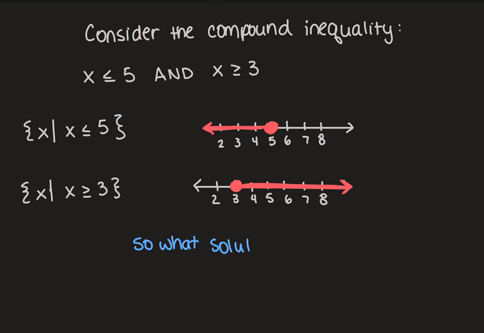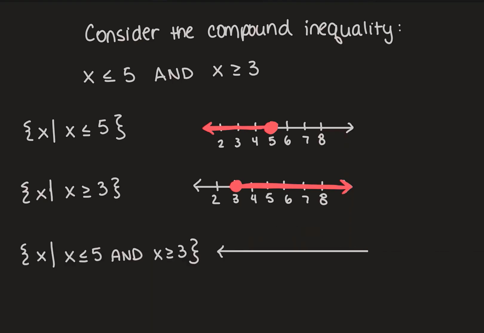Looking at the graphs, what solutions do they have in common? It looks like they have 4 in common, 5 in common, 3 in common, and everything in between. Therefore, they have common solutions in this region. So the graph of the compound inequality will be the region between 3 and 5, including 3 and 5, with closed circles.